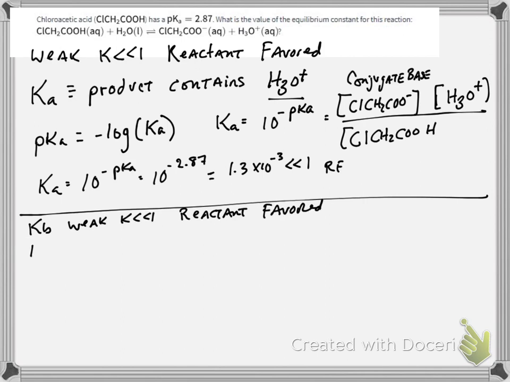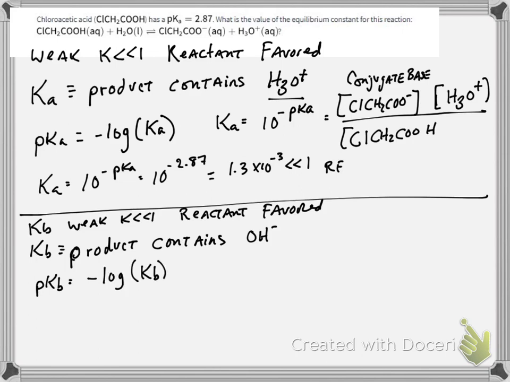Again, these are always going to be reactant favored. So for Kb, the products contain hydroxide ion, right? Clearly the reaction above is not Kb because it's producing hydronium, but we can look at what would be the Kb reaction for this, looking at its conjugate base. pKb is the minus log of Kb, so you can calculate Kb as 10 to the minus pKb.